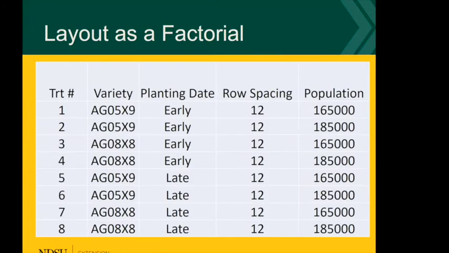So we have talked about several aspects: the importance of maturity, selecting the right type of maturity, looking at row spacing, looking at population, and also early planting date. Individually, we know that all these factors can have a positive effect on yield.